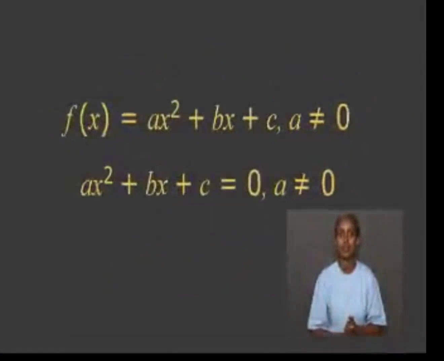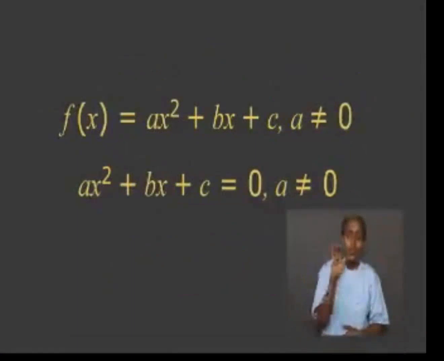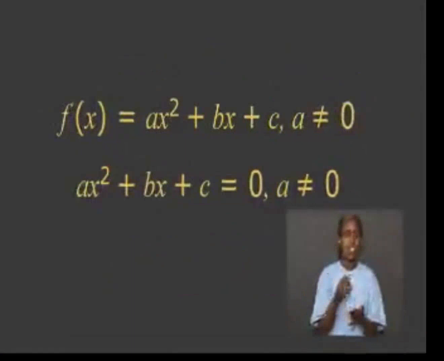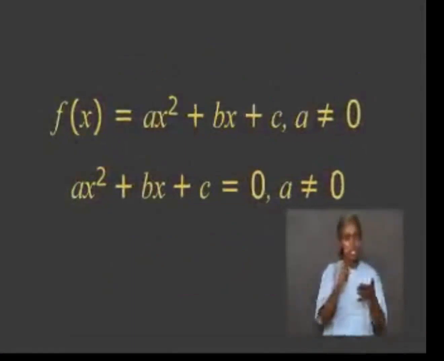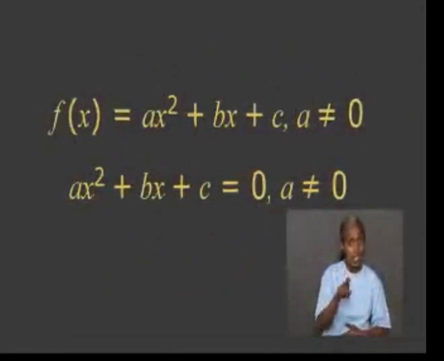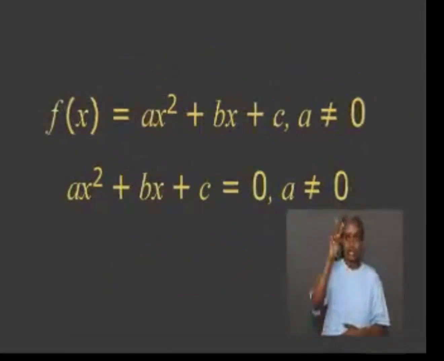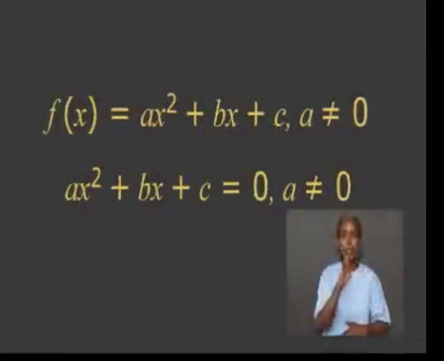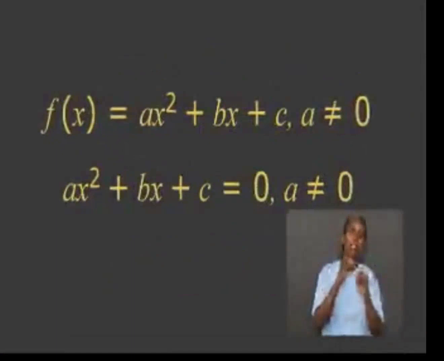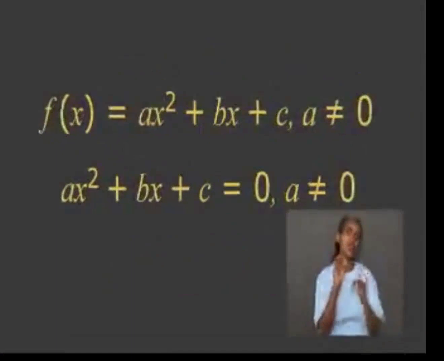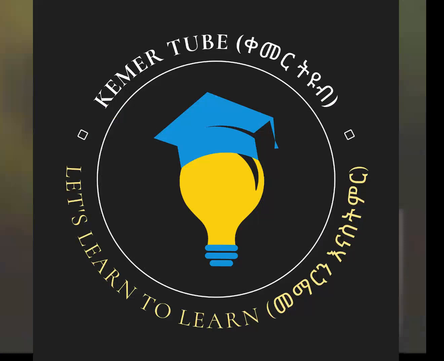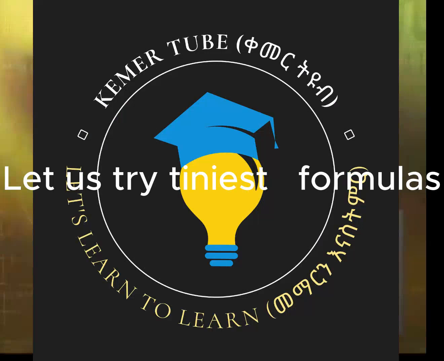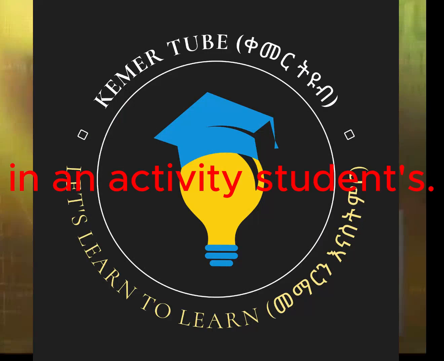To find the zeros of this kind of equation, we must find the value of x for which ax squared plus bx plus c equals 0 when a does not equal 0. Let us try applying these formulas in an activity, students.